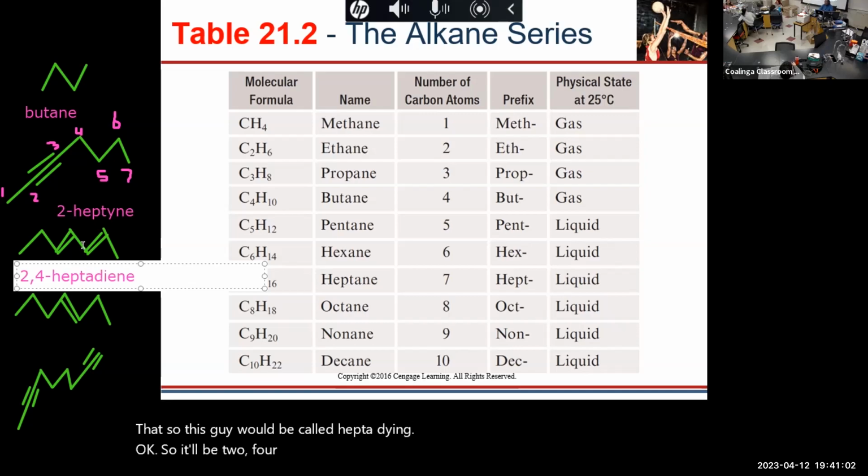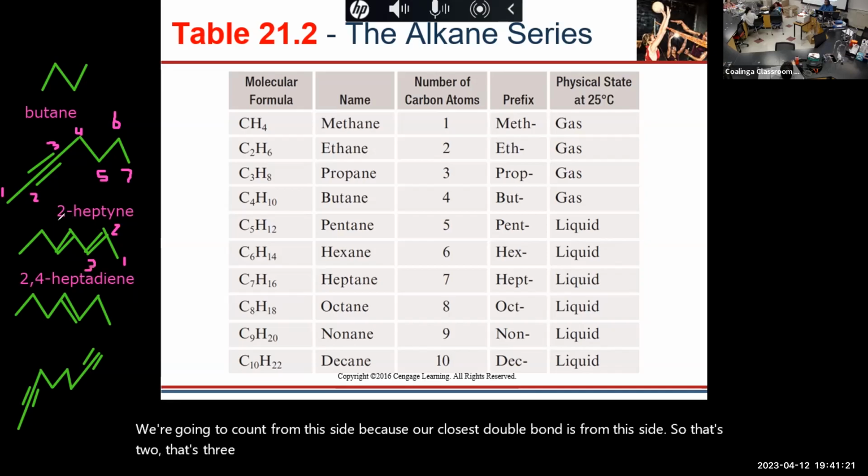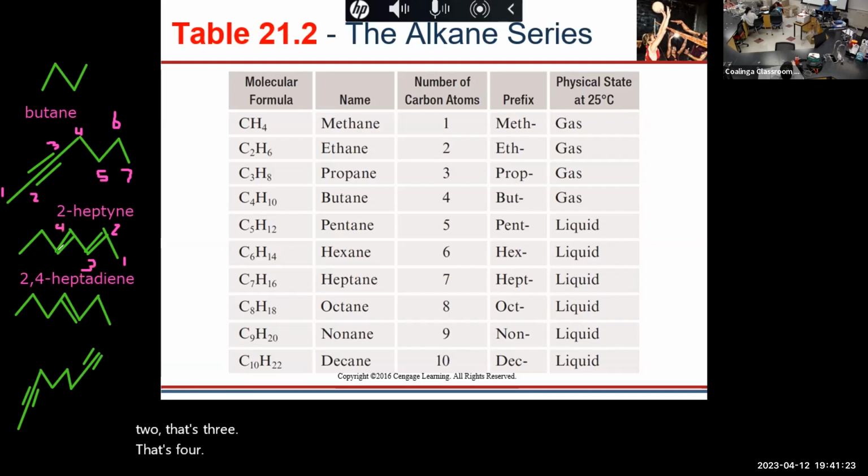Okay, so the reason why: we're going to count from this side because our closest double bond is on this side. That's 2, 3, 4, 5, 6, and 7.